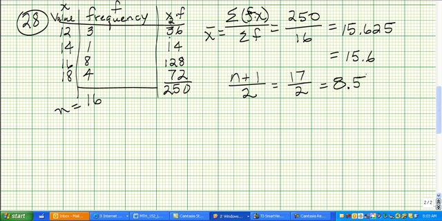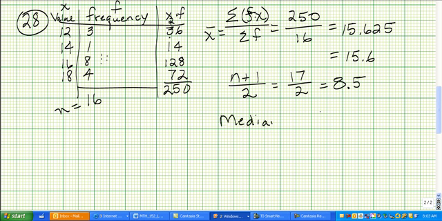So it's halfway between the 8th and the 9th value. As I count, 3 values, 4 values, 5, 6, 7, 8, 9. Both of these are going to be 16, so it has to be 16.